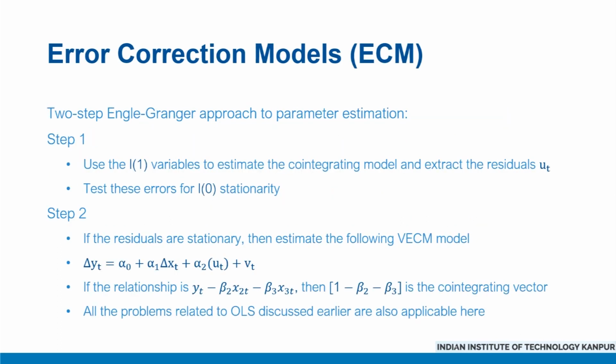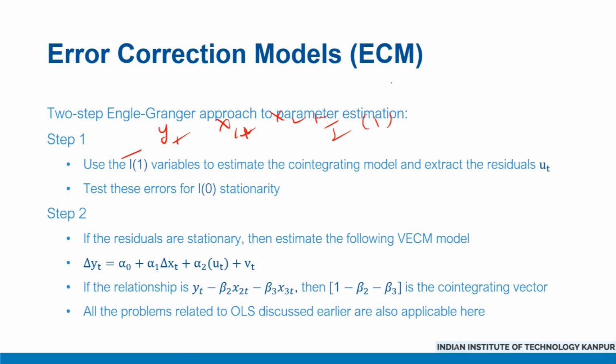The two-step Engle-Granger approach to co-integration and error correction model is as follows. In the first step, we proceed with the variables such as y_t, x_1t, x_2t in their original I(1) form, assuming these are financial and economic variables, so they would be I(1) in nature.